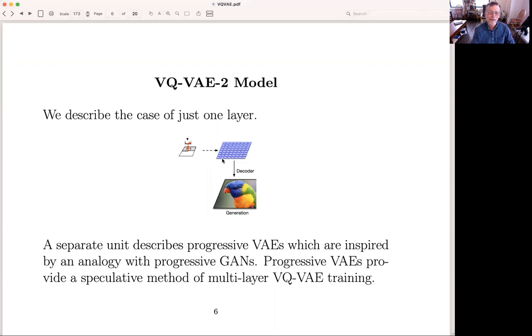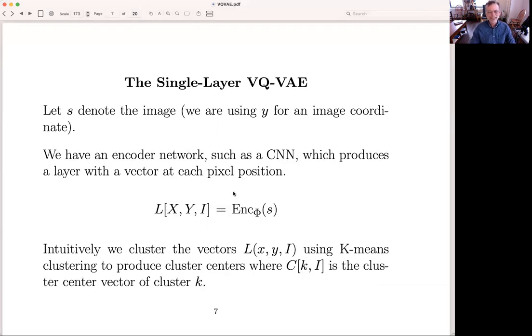So the symbolic image can be viewed as a layer in a neural net generator, and then we generate the image from that. I'm going to be talking about multi-layer versions in a separate unit. For this unit, I'm just going to focus on the single layer. And very similar methodologies get used in the multi-layer case.